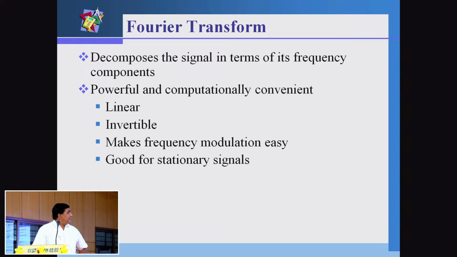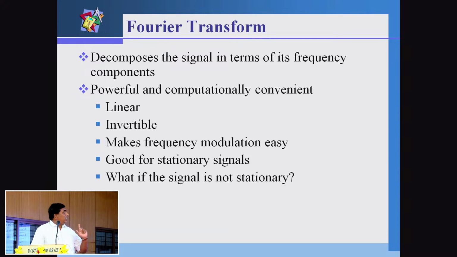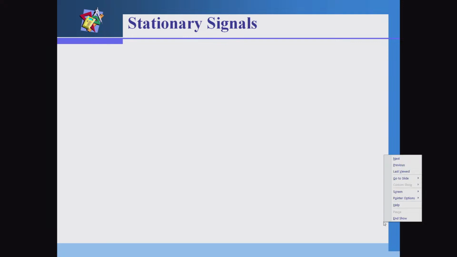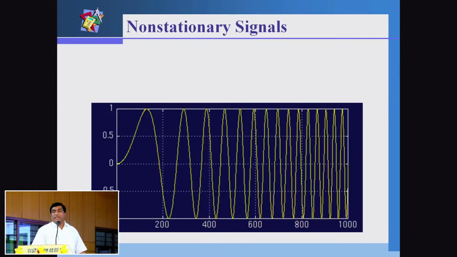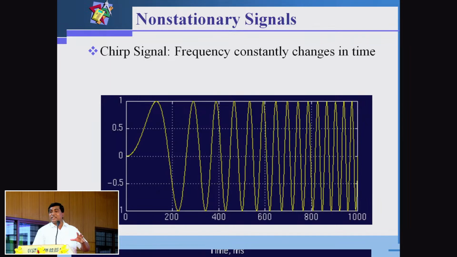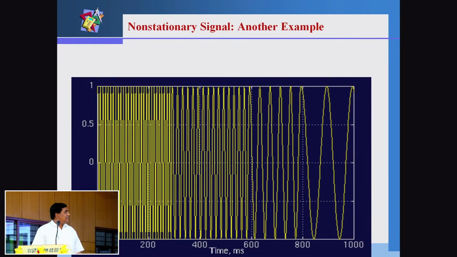You see here, the Fourier transform decomposes the signal. Is it a stationary or non-stationary signal? Non-stationary, see here. Is it stationary or non-stationary? The signal, the solution of the differential equation, is non-stationary. Is it stationary or non-stationary?